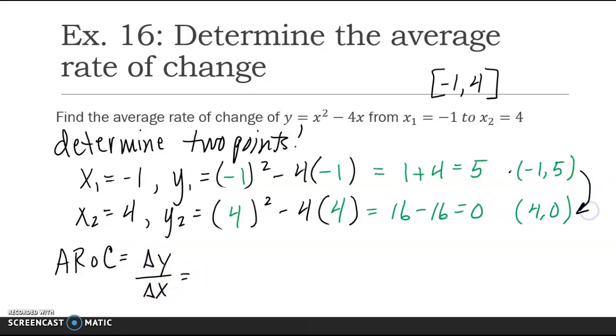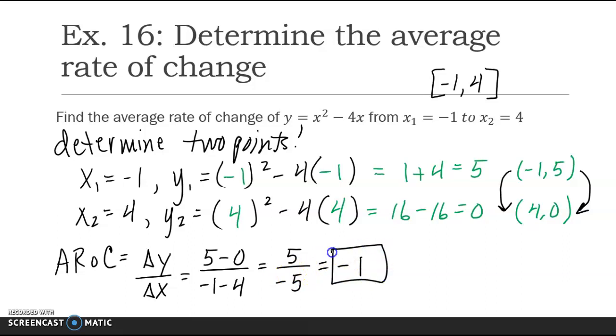Let me do a different order so you can see that it doesn't matter what we pick as y2, y1. Whatever point you start with in the numerator, you have to use that same point in the denominator. So change in y, 5 minus 0 divided by -1 minus 4. 5 minus 0 gives me +5. -1 minus 4 gives me -5. So my average rate of change is -1.